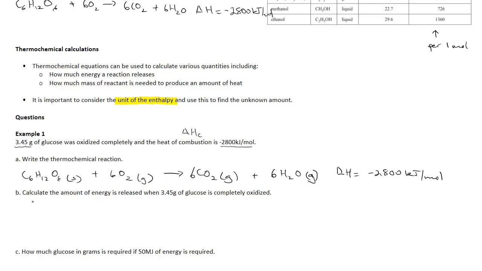Now question B asks us to calculate the amount of energy released when this amount of glucose is completely oxidized. So what we know from our above reaction is the mass of our glucose. Mass of glucose, C6H12O6, is equal to 3.45 grams.